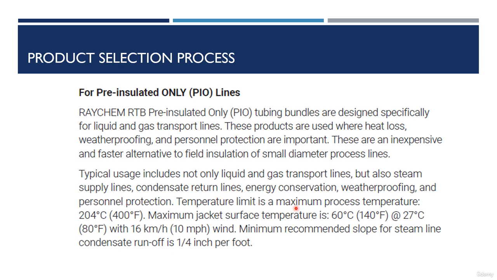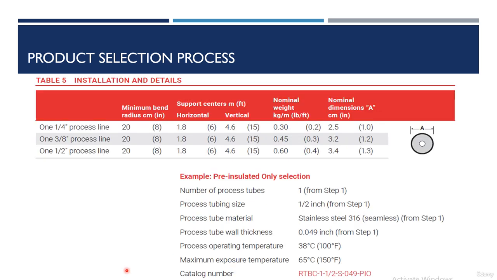Temperature limit is a maximum process temperature of 204 degrees Celsius, 400 degrees Fahrenheit. Maximum jacket surface temperature is 60 degrees Celsius, 140 degrees Fahrenheit. This table shows the different sizes of pre-insulated tube.